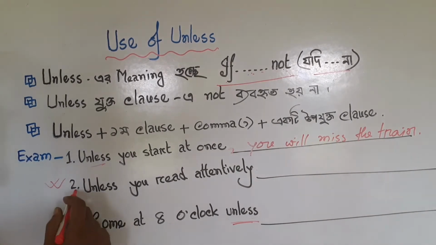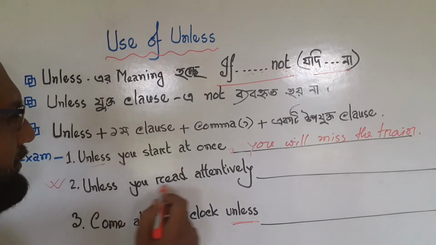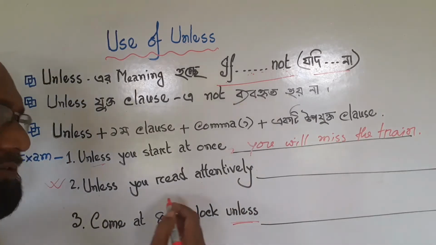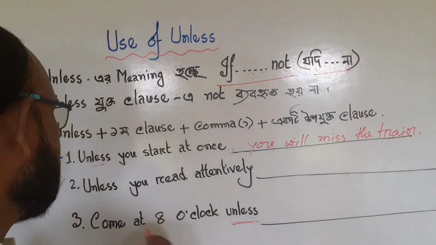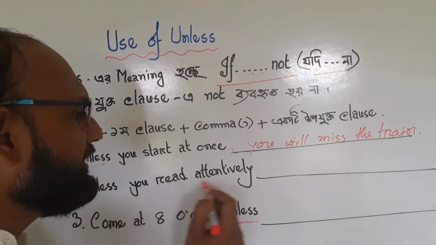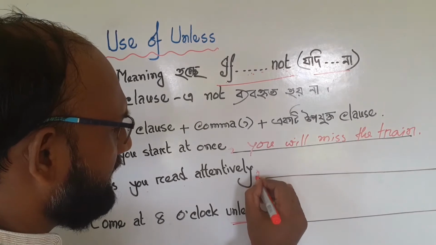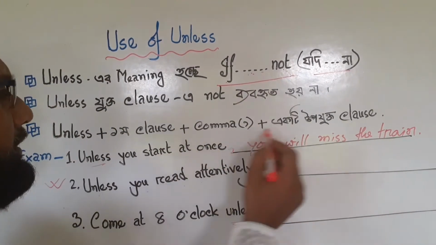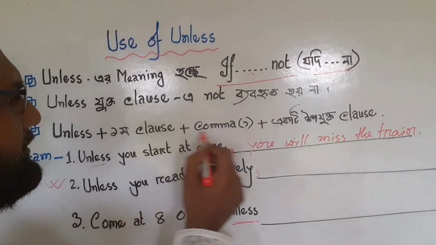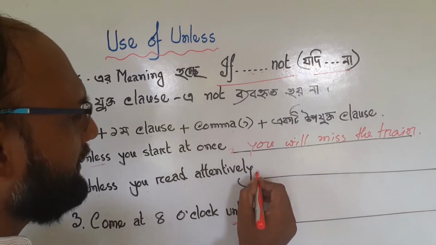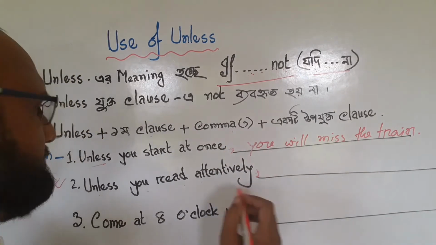Next we will see the example. Now look at this second example. Unless you read attentively. Try to understand the meaning of this sentence. Here it is unless plus first clause plus comma, so we use a comma.